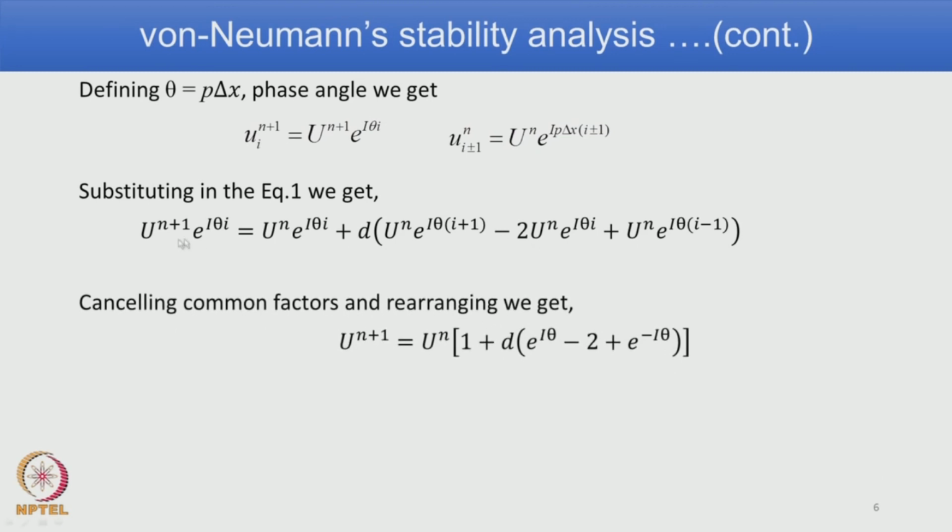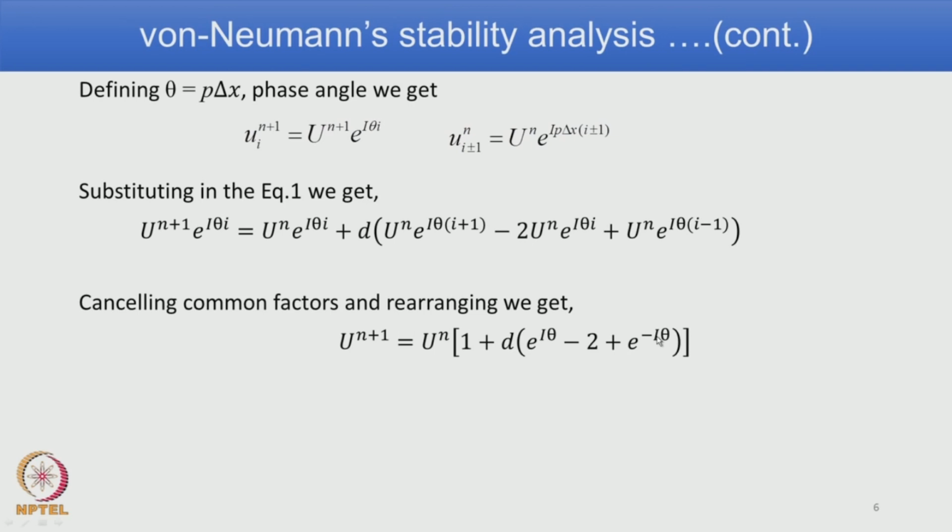So, you can cancel some of the common terms and then rearrange, it is purely arithmetic. Once we do that, we get the final expression as u of n plus 1 equal to u of n times 1 plus d times e power i theta minus 2 plus e power minus i theta.